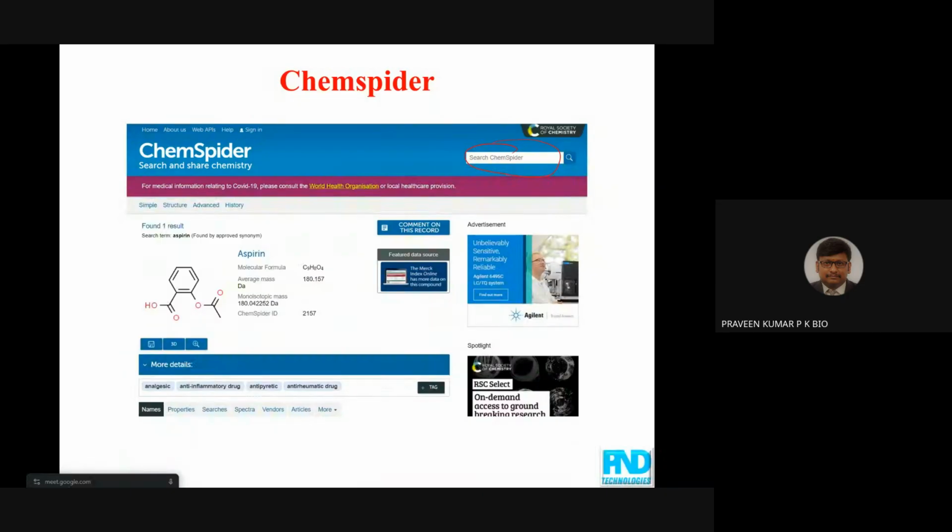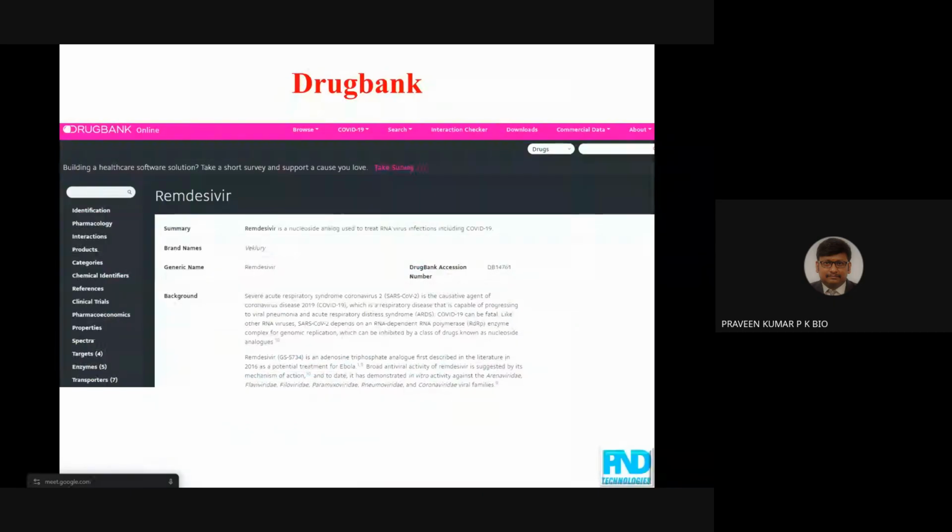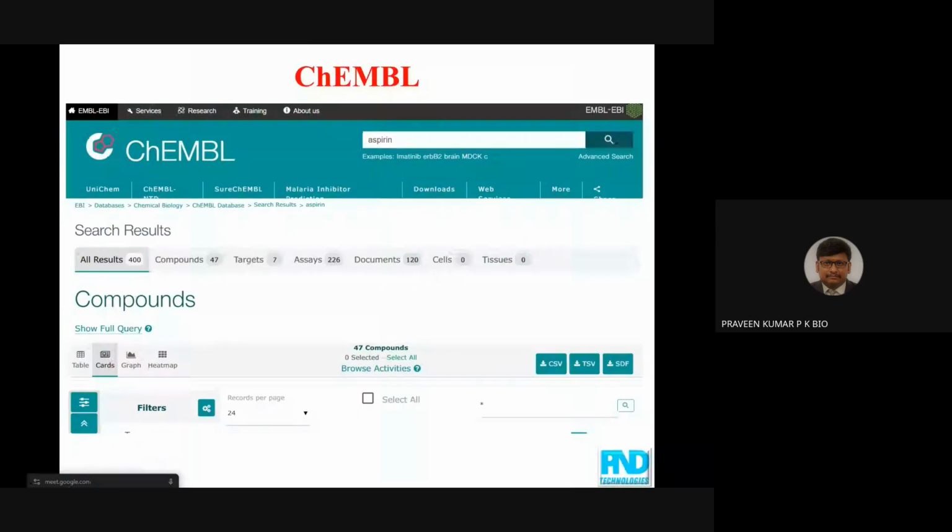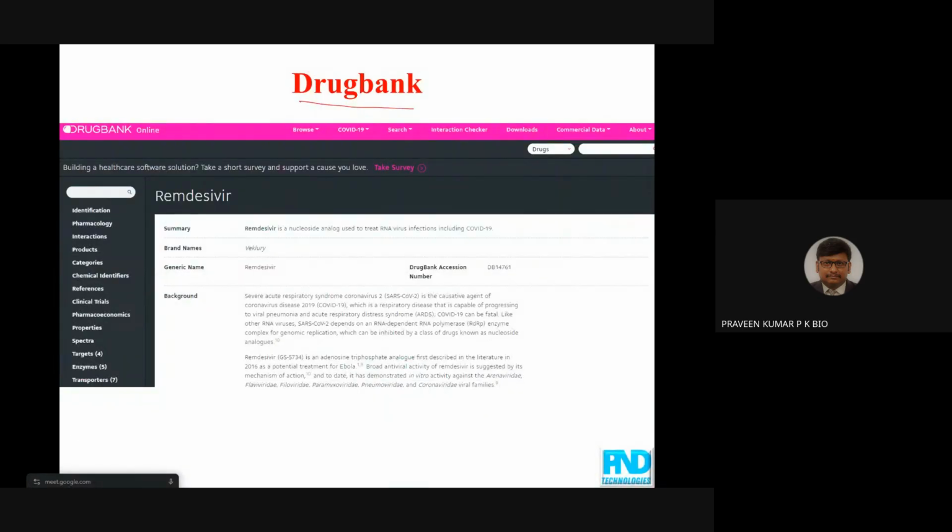Similarly, you can download the 1D to 3D information of chemical compounds in ChemSpider. And DrugBank is exclusively for drugs. This is a fully annotated database for drugs. If you want to download any kind of drug information, including the structures, we can get this information from DrugBank. We also have many tools present in DrugBank; DrugBank is not just a database.